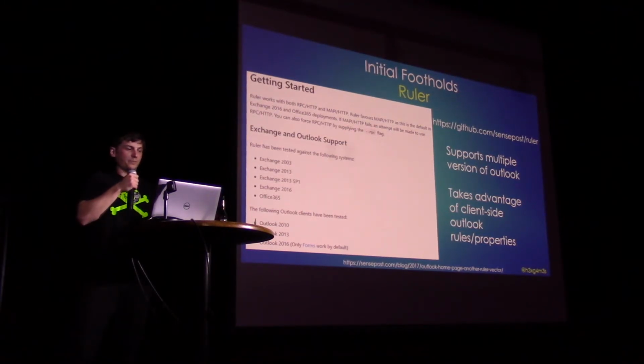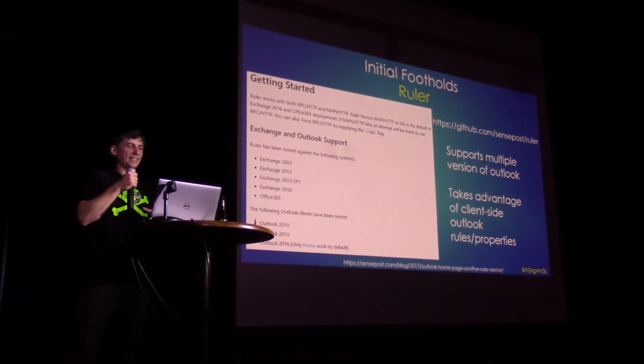Ruler supports a bunch of different versions of Exchange and Office 365, and there was a point where Microsoft touted that you can separate Office 365 from your AD accounts, and that's fine because they're going to be different creds. So maybe I got your Office 365 user and password, but I don't have their AD creds. Well, if I can still shell their machine, then I can still get their AD creds.